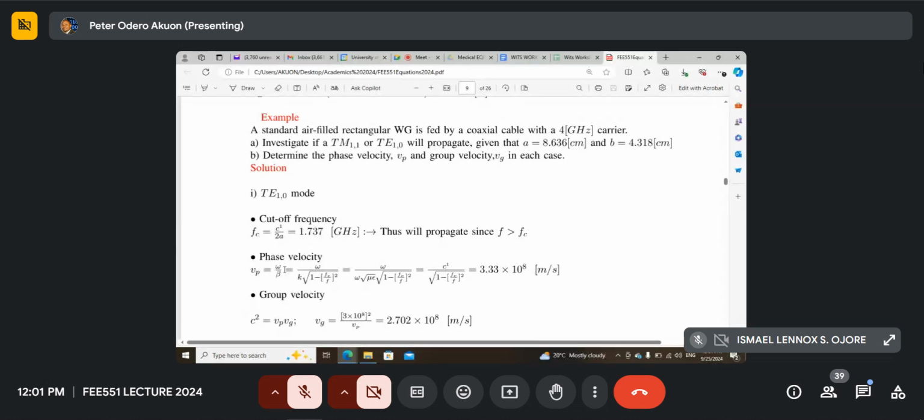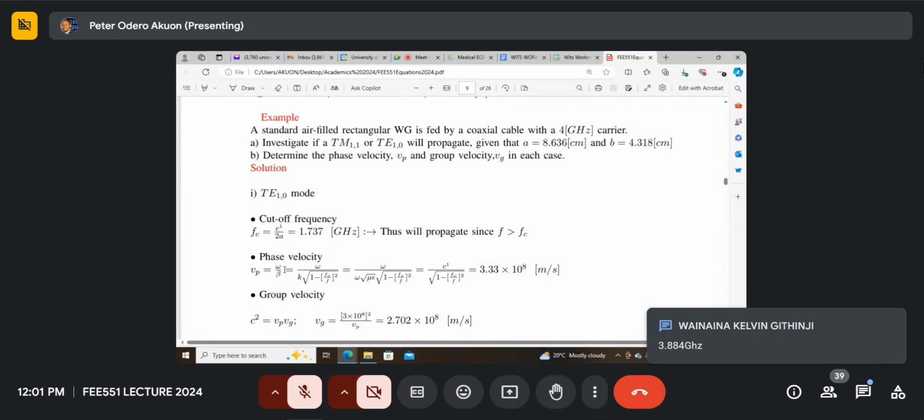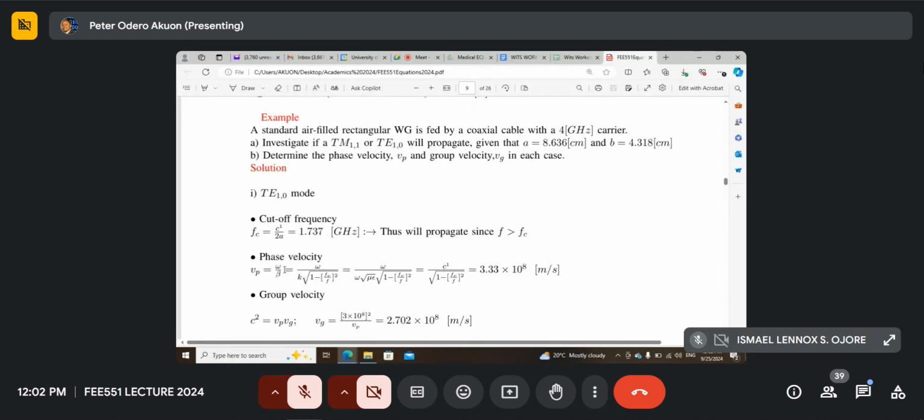So it's wavelength over the period, which you can say is wavelength times the frequency. If you divide by 2 pi, then you realize you have omega over 2 pi over lambda, which will give you omega over beta, because beta is this wave number, which is the same as 2 pi over lambda. So you'll have phase velocity being omega over beta.